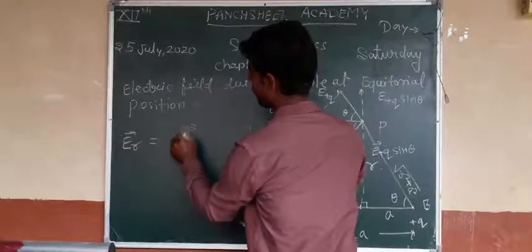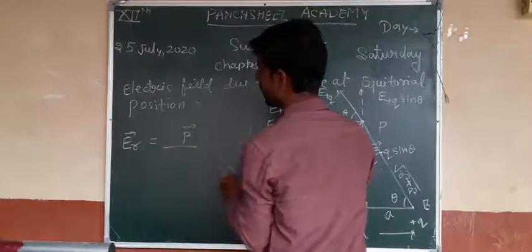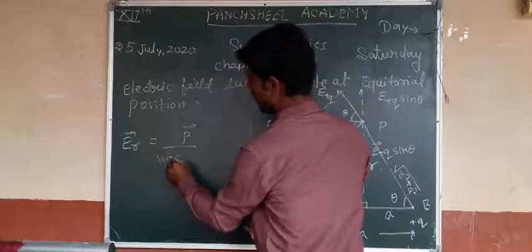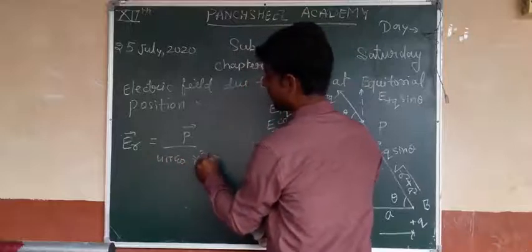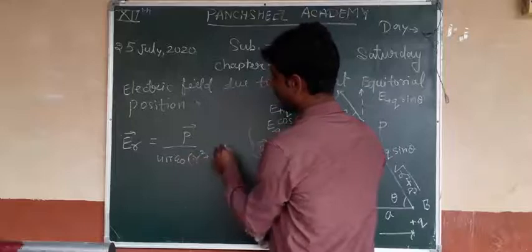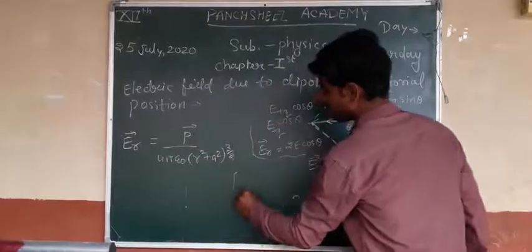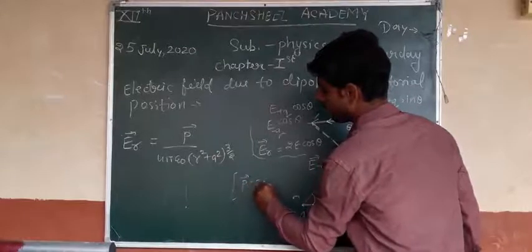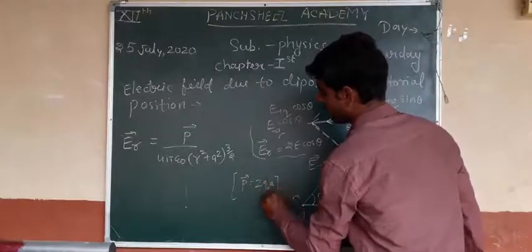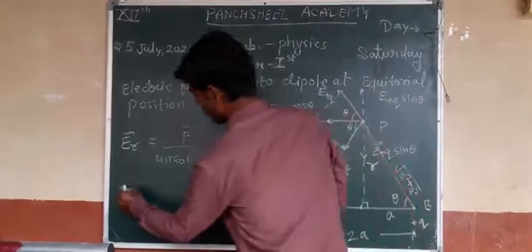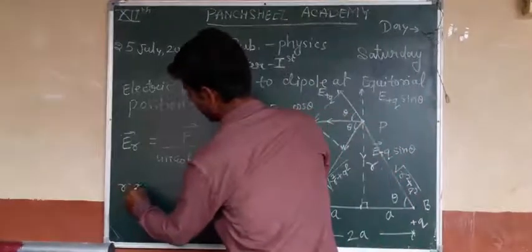P vector upon 4 pi epsilon naught R square plus A square whole power 3 by 2. In brackets you can write P vector equal to 2qa. This is the electric dipole moment. Okay, now suppose R is very greater than A.